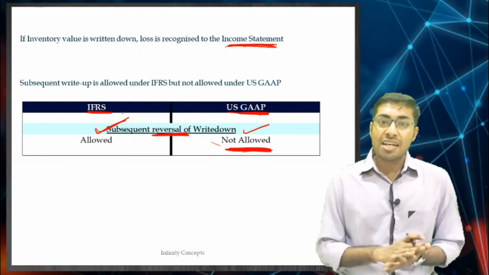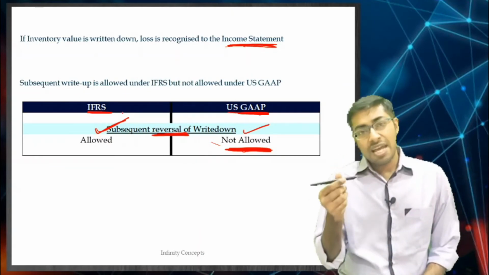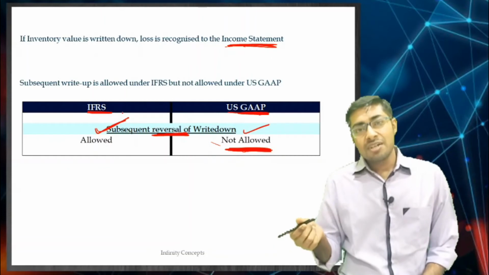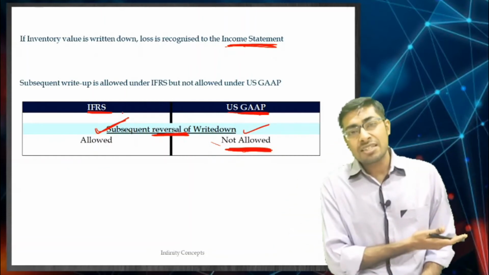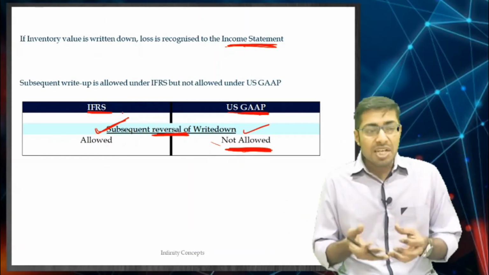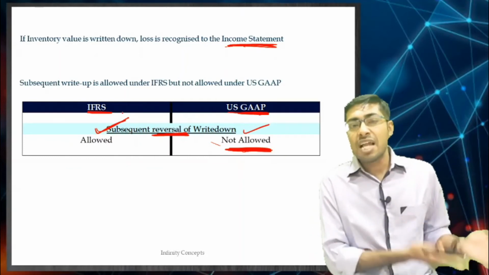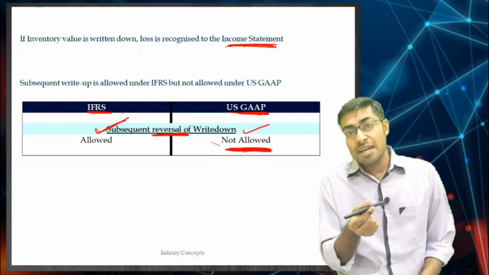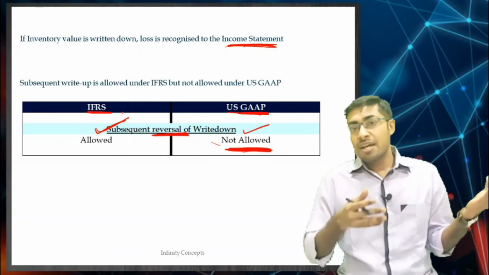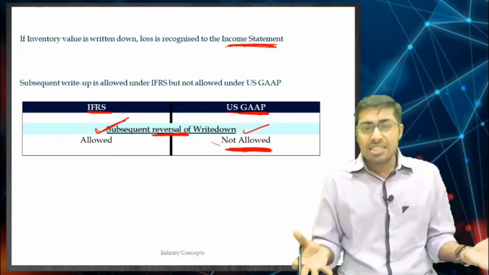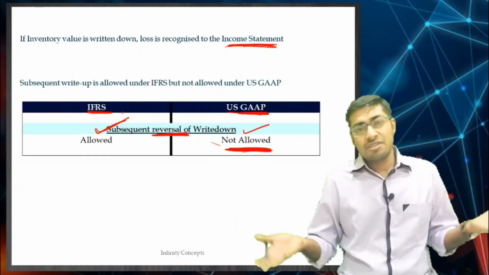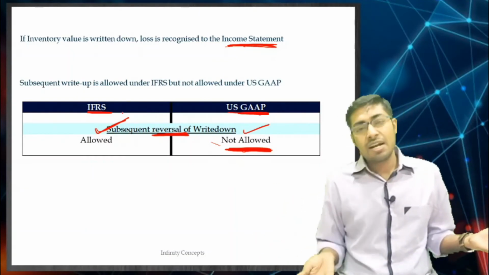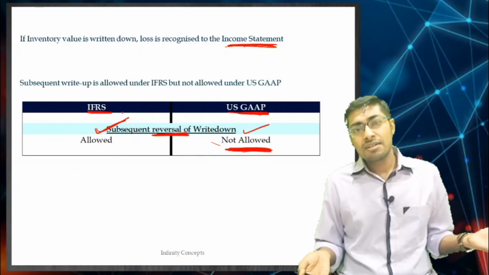If in reality the NRV of this particular pen has gone up to 110, then what you did last year was maybe a mistake. It was not even a mistake, it was a genuine thing that was required last year, because last year the NRV had fallen from 110 to 80, and therefore, if cost was 100 and NRV was 80, IFRS said you do cost or market whichever is lower, and therefore we wrote it down to 80, correct.